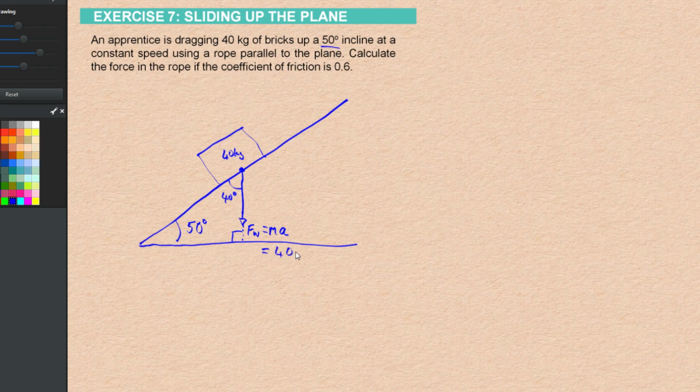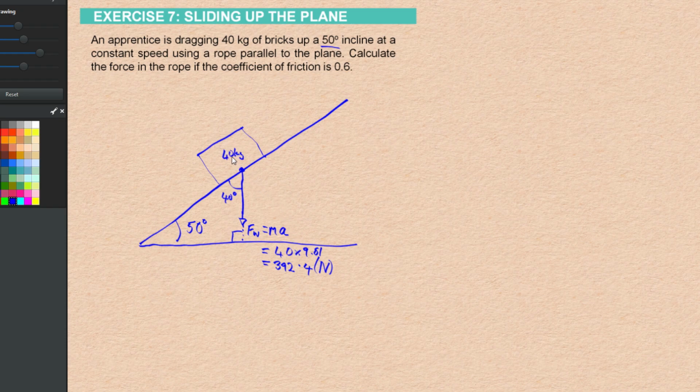That's 40 times 9.81, which is 392.4. Because this was in kilograms and this was in meters per second squared, we know that this should be in newtons. If it wasn't, you'd have to do some conversions to make sure that was in kilograms and that was in meters per second squared, so you could change this set of units to become newtons.